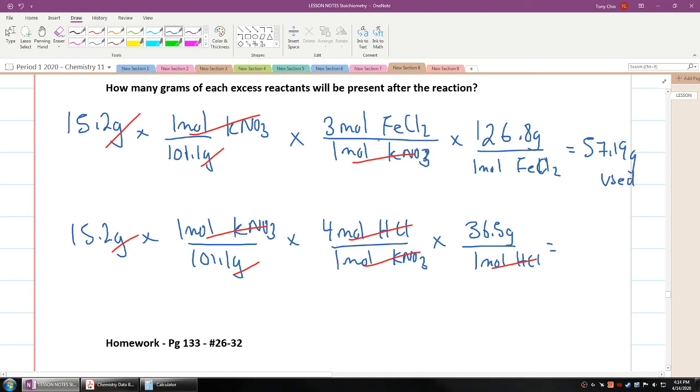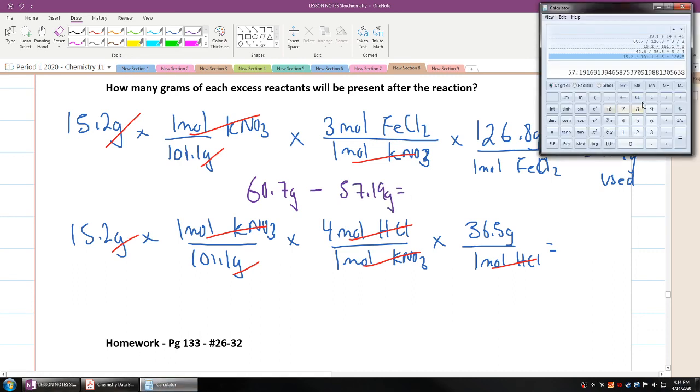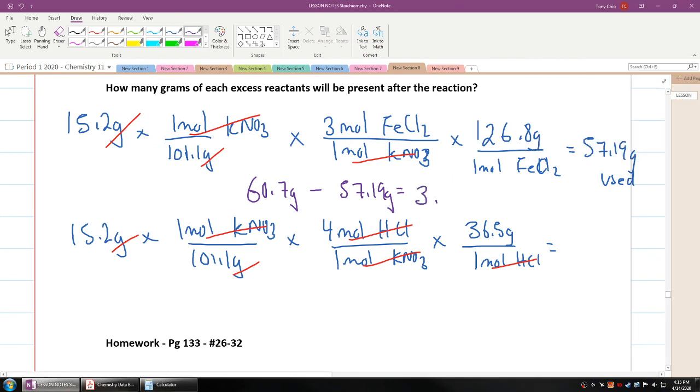We started with 60.7. So how much remains? Well, 60.7 grams take away 57.19 grams. We should get 3.51 grams remain because it's 3 sig figs.